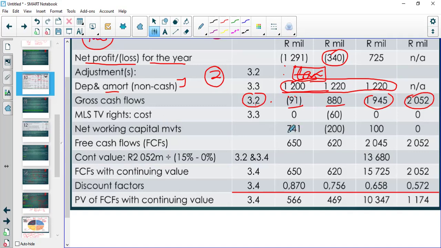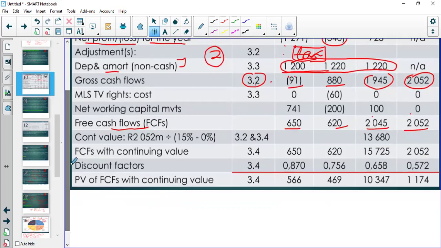All right, okay. Then free cash flows is going to be 650, 620, and that amount.